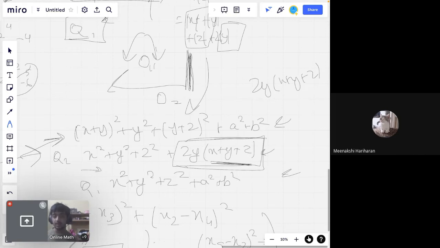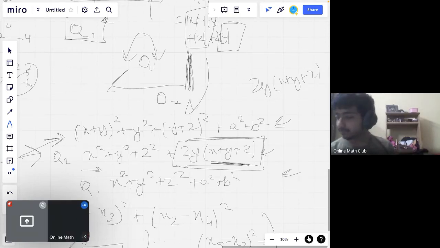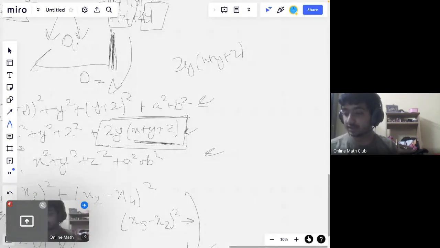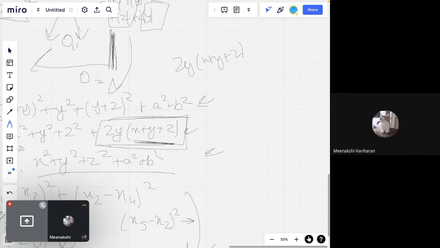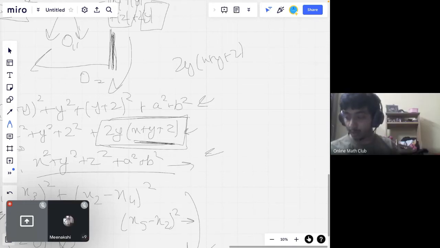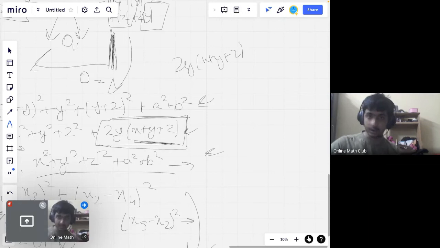What happens if it's negative? So this quantity, the sum of squares quantity, you're squaring each vertex and summing it. That quantity is bounded below by 0. It can't go below 0.